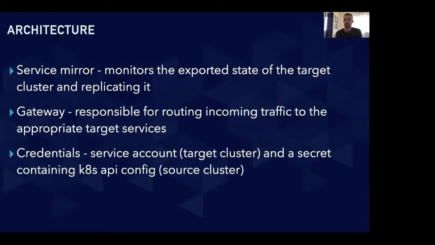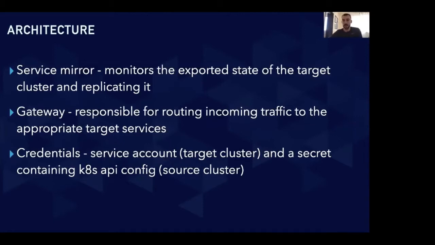So you have the service account that lives on the target cluster, which allows you to inspect services, get, list, and watch services. And you have the Kubernetes secret containing the Kubernetes API config. This lives on the source cluster and is used by the service mirror controller in order to initiate an API connection to the target cluster and be able to spin up the informers.